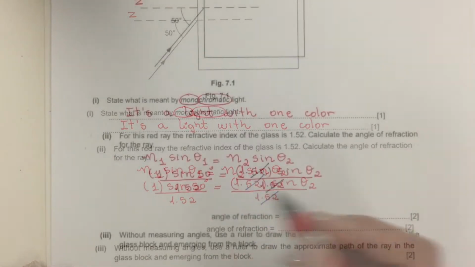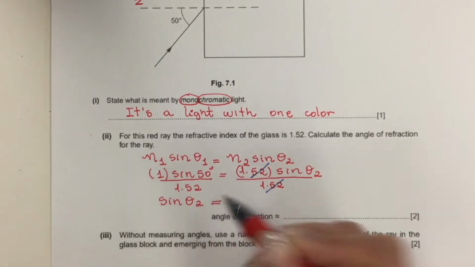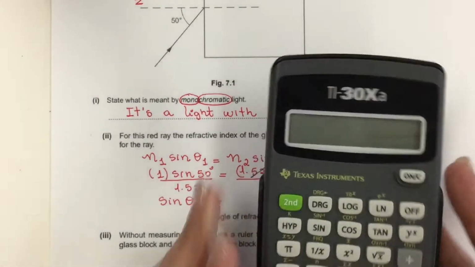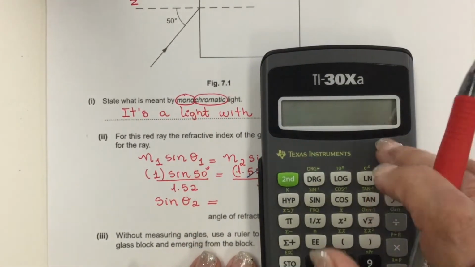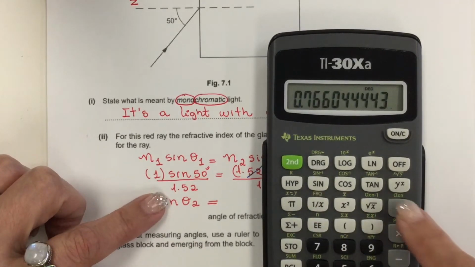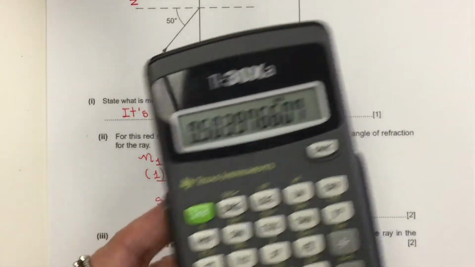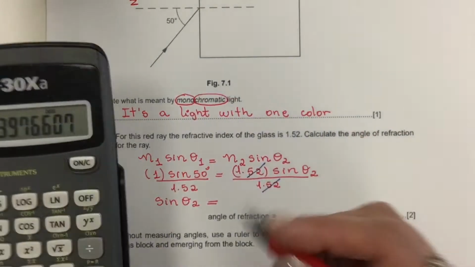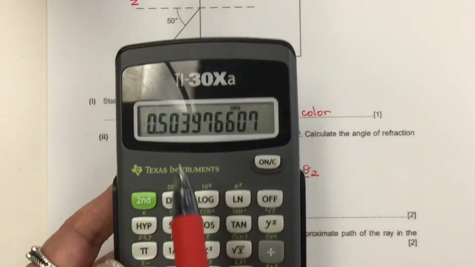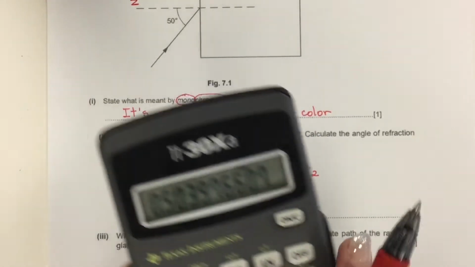Now rearranging this formula, sine of theta 2 is equal to, and I'm using my calculator to find the result of this operation. So this is sine of 50 divided by 1.52, which is 0.5 something decimal. I'm going to write just 0.5 here, but I will have the result in my calculator.